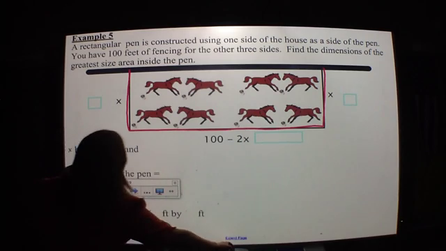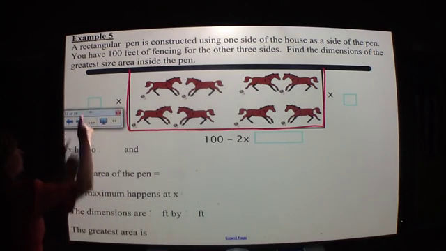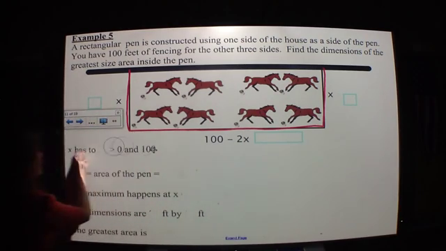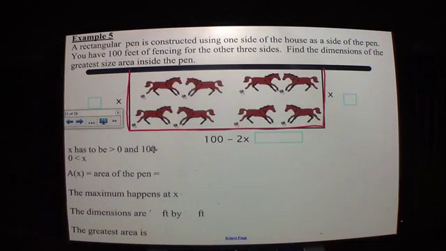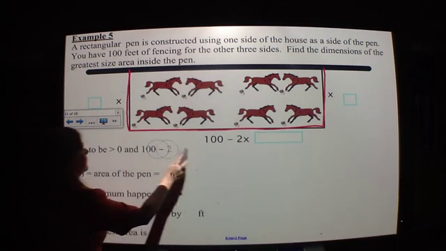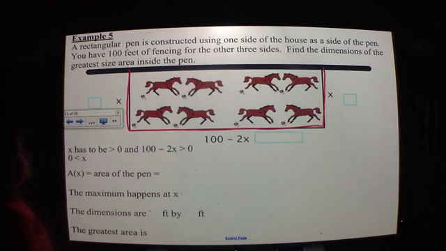Okay? X will be greater than 0. You know that has to be a positive number. And also, 100 minus 2x is also greater than 0.